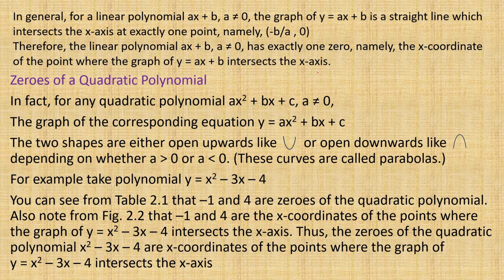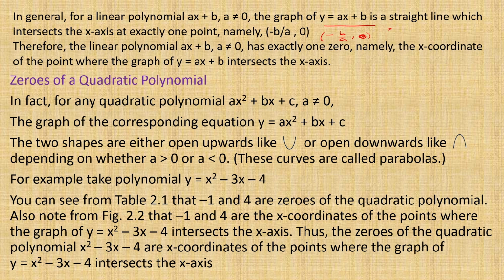What we observed is that the graph of ax plus b is a straight line which intersects the x axis at only one point, namely minus b by a comma 0. So y equals ax plus b means this straight line intersects the x axis at the point minus b by a comma 0.